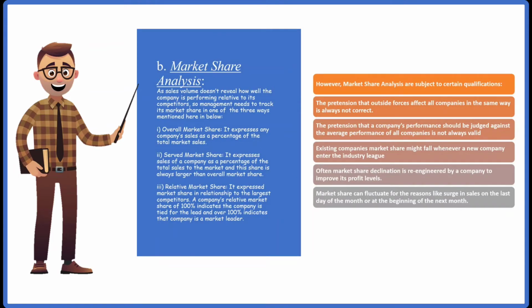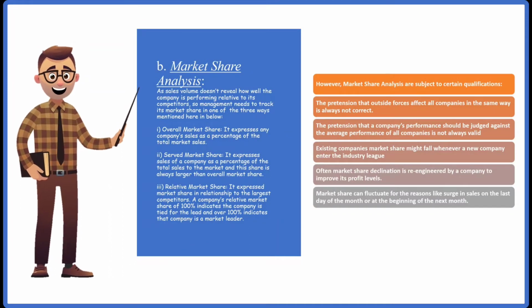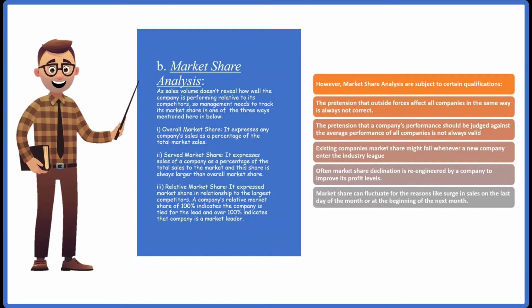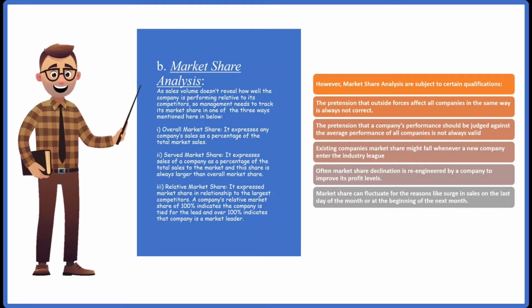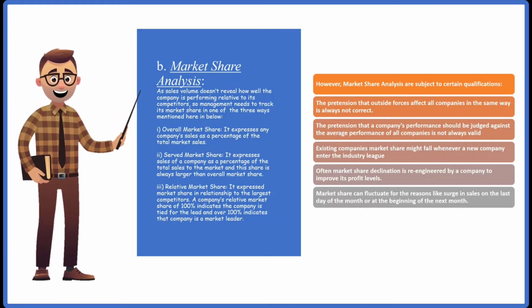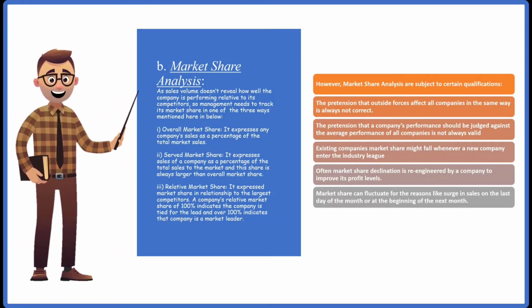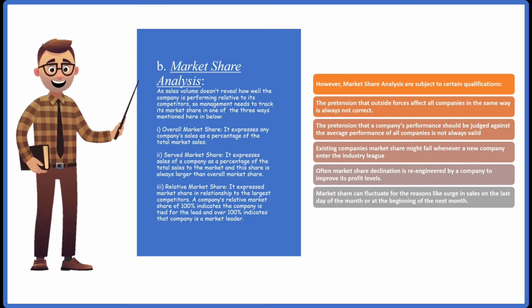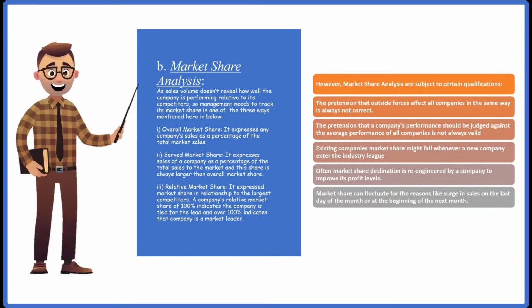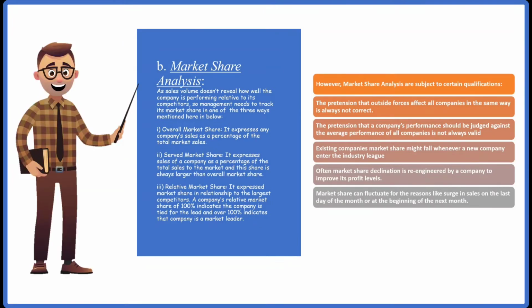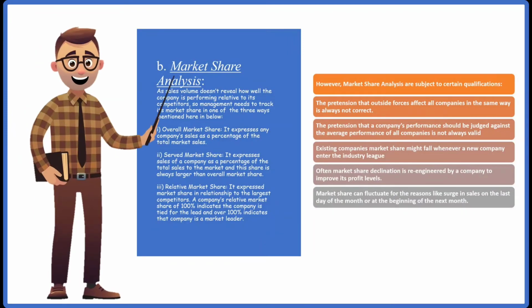The next one is that an existing company's market share might fall whenever a new company enters the industry. Sometimes a market share decline is deliberately engineered to improve profit. And the last one is that market share can fluctuate for many other reasons.